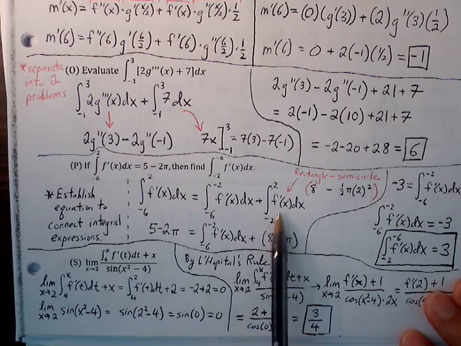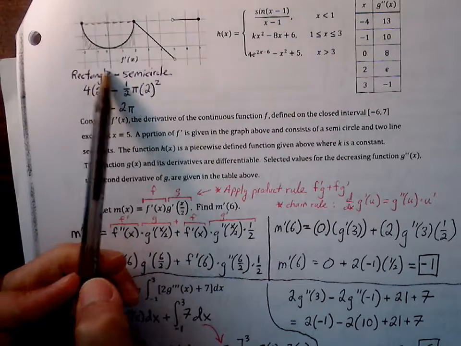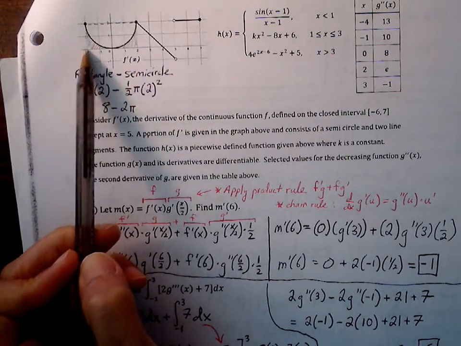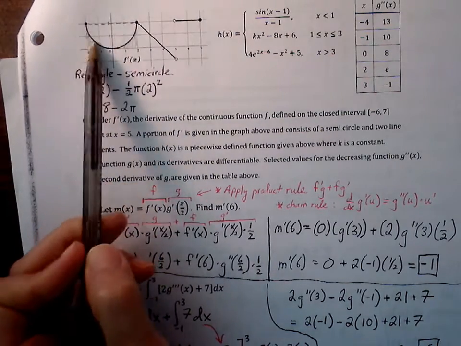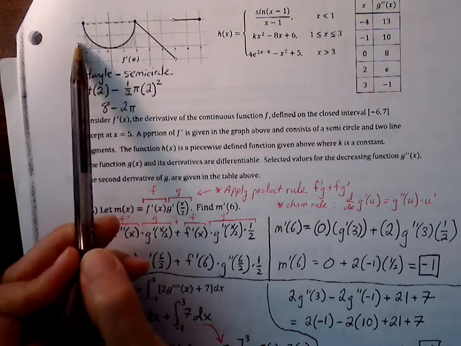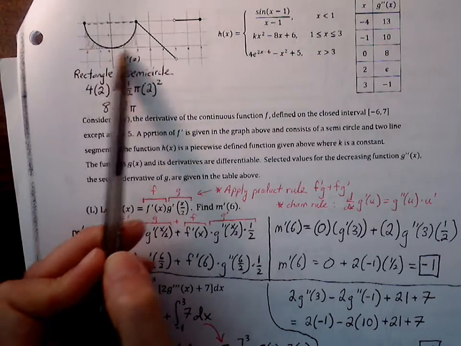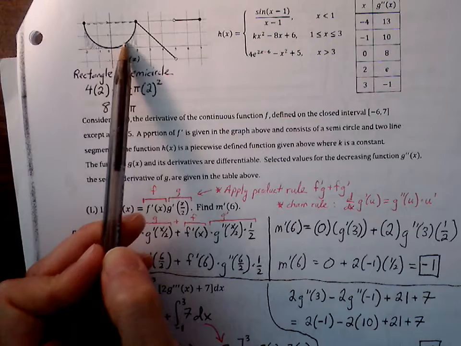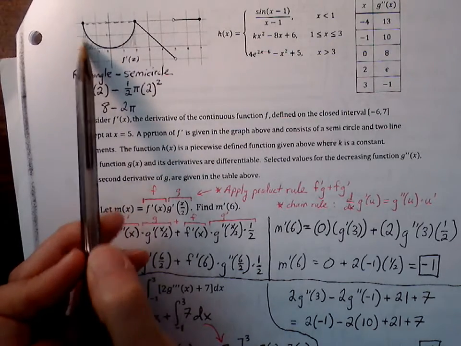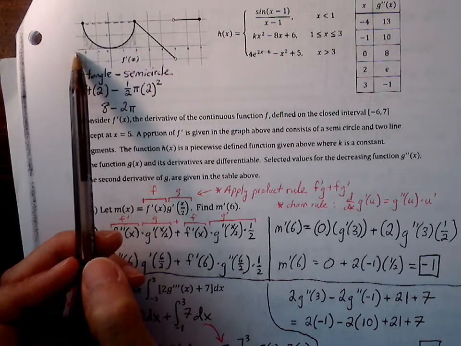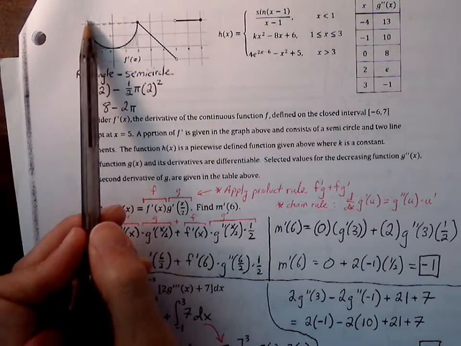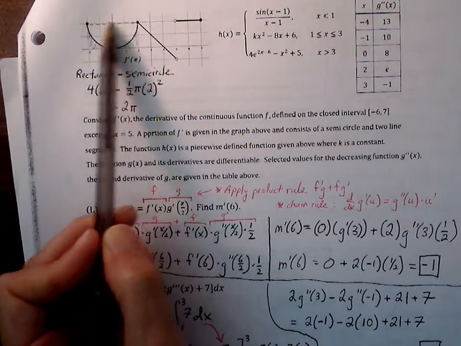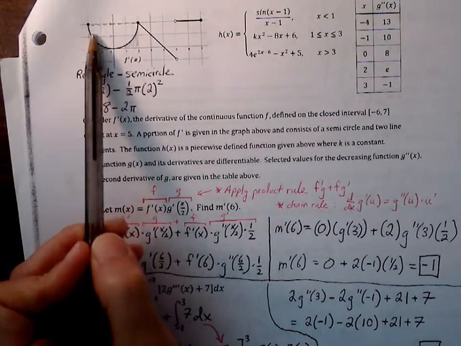So the definite integral from -2 to 2, that's just going to be this region here that I highlighted by shading in. Now this is not a shape that we can recognize, but we can think of it as a combination of two shapes. We can think of it as a rectangle and then removing the semicircle.